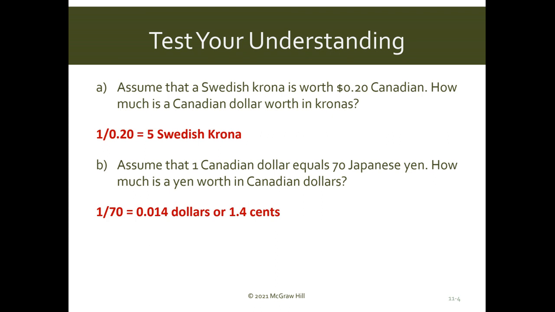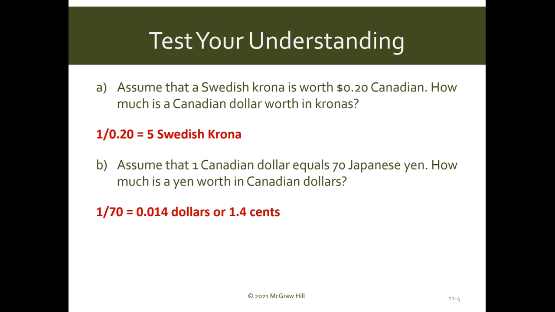This is a test your understanding slide, and you can just convert this. Assume that a Swedish krona is worth 0.2 Canadian dollar. How much is a Canadian dollar worth in kronas? So 1 Canadian dollar equals 1 over 0.2, that is 5 Swedish kronas.